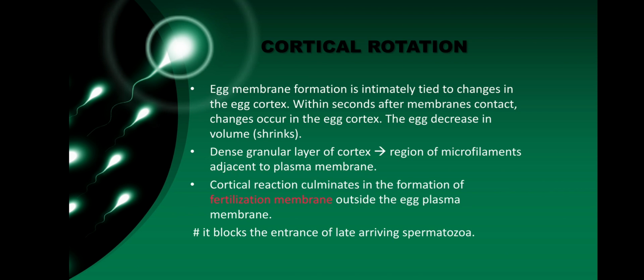The dense granular layer of the cortex gets converted to a region of microfilaments adjacent to the plasma membrane. The cortical reaction leads to the formation of the fertilization membrane outside the egg plasma membrane. So, what's the role of this fertilization membrane? It blocks the entrance of late-arriving spermatozoa, or it prevents polyspermy.